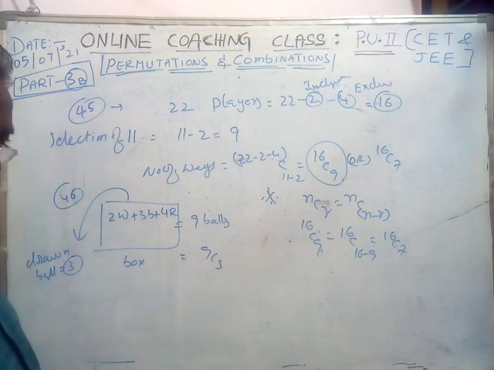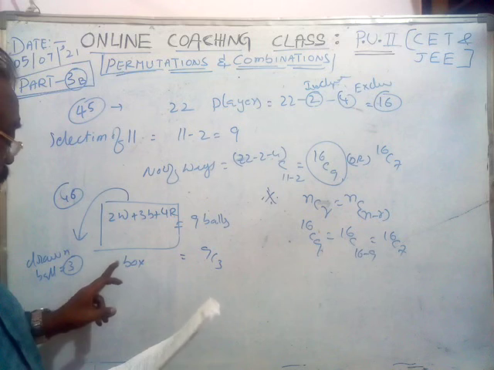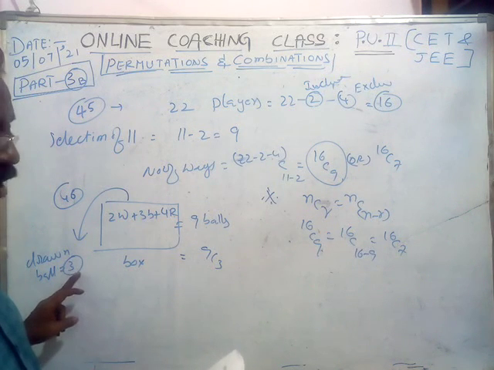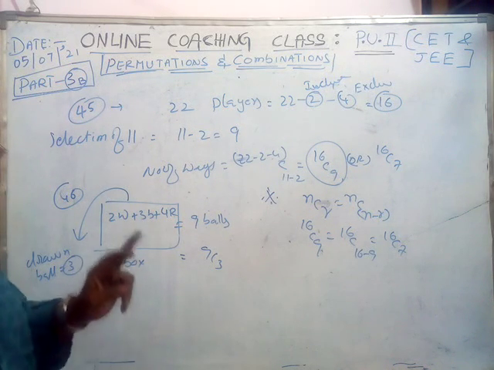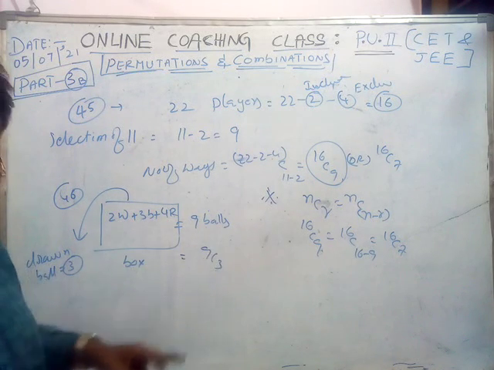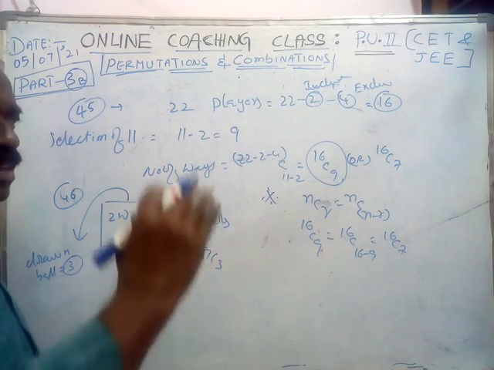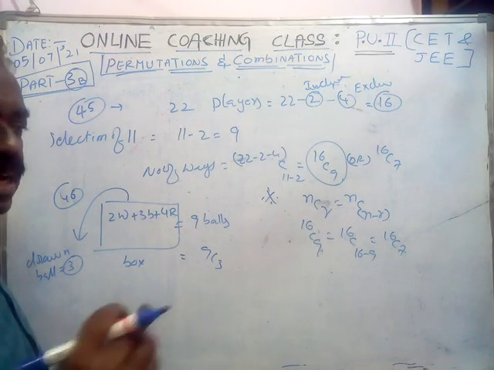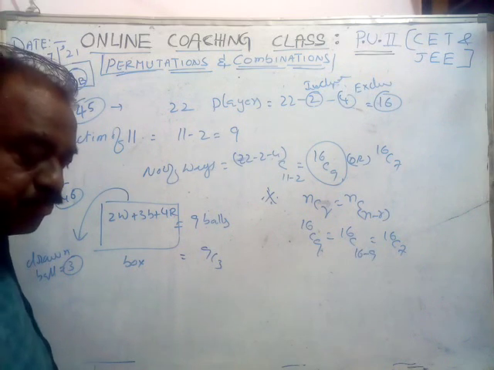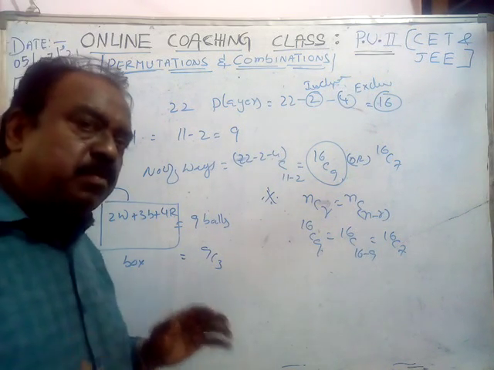But that is not the problem here. The question is, in this drawing of 3 balls, there must be at least 1 black. Whenever you see the concept of at least, it is not easy to calculate directly.